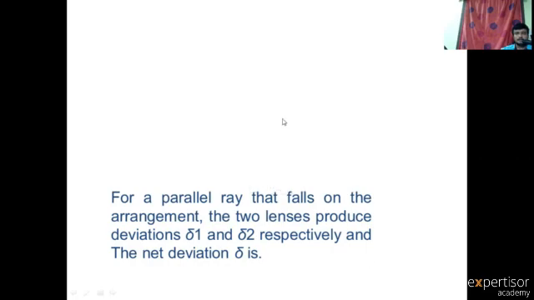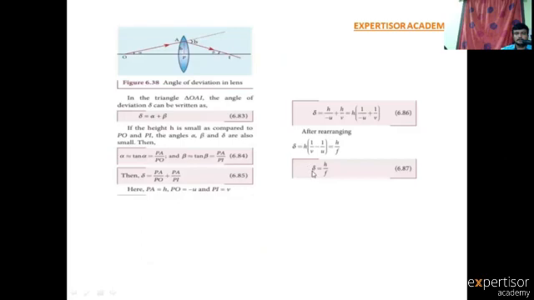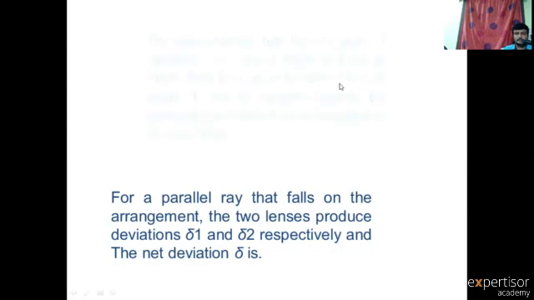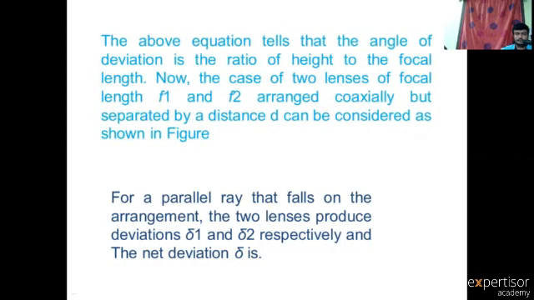The equation delta is equal to h by f. That is the deviation angle. h represents the height of the point where the light is incident on the lens, that is, the distance from the optic center to the point of incidence of the light.